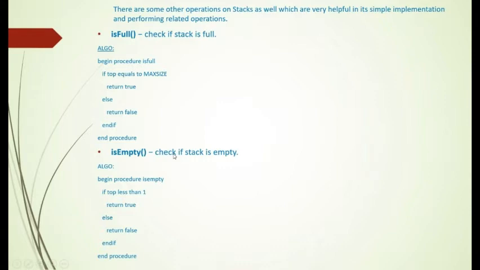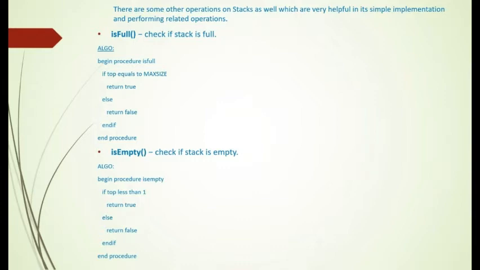Now, how would we check it? If top is less than 1, what does that mean? We initialize the stack with index 0, so the minimum index it can have is 0.